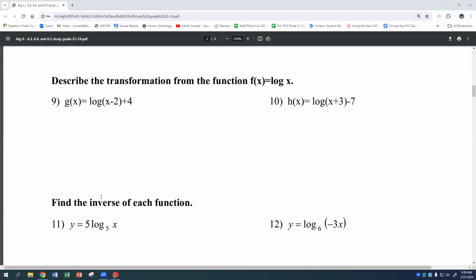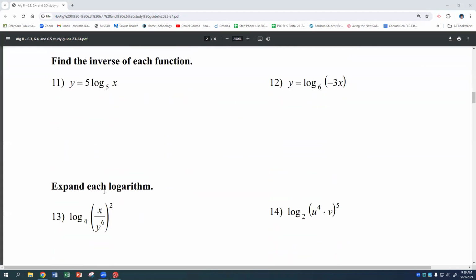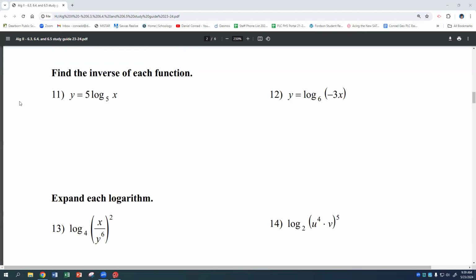All right, more inverse ones. So 1 and 2 are inverses. 11 and 12 are also inverses. So first step here is we want to switch our x and our y. So I'm going to make it x equals 5 log base 5 of y. Okay, I've got to get it into the right form here.